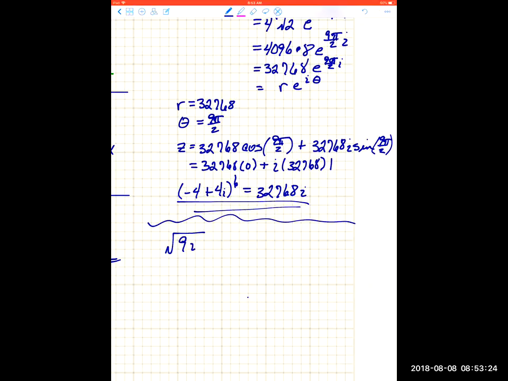The way that you would do that is you would think of the square root of 9i as 9i to the 1/2. You would convert your 9i into polar form and then apply an exponent of 1/2. And this is also in your textbook. It's example 13.